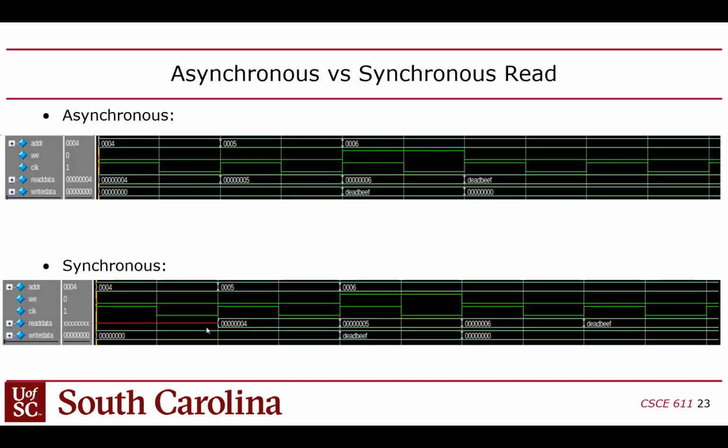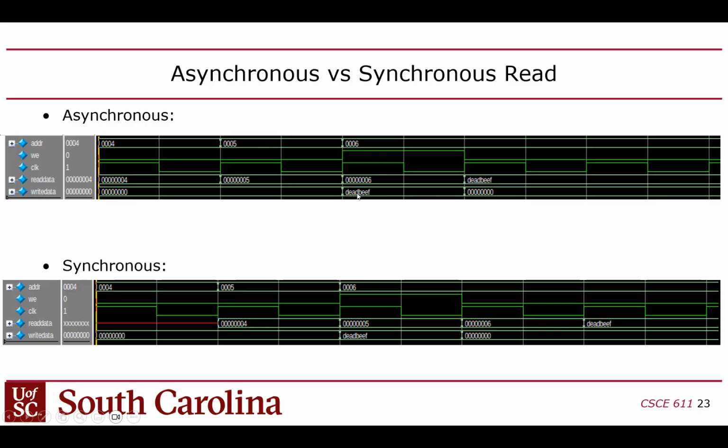Okay, and then finally, it's a little subtle, but there's this write enable. The write enable is high here, so basically I'm writing to address 6, and the data I'm writing is dead beef.